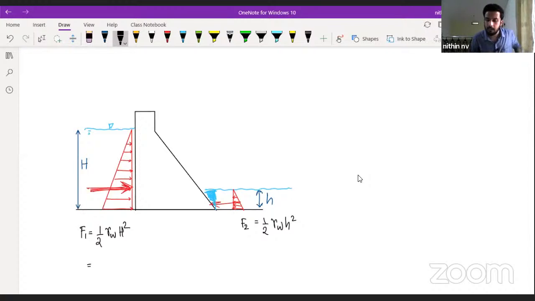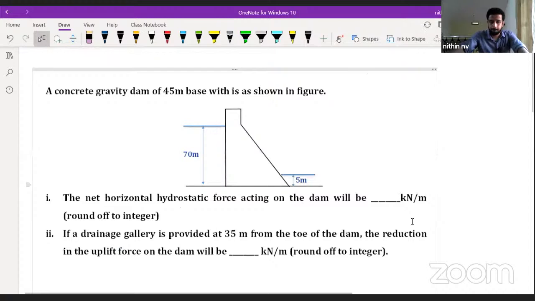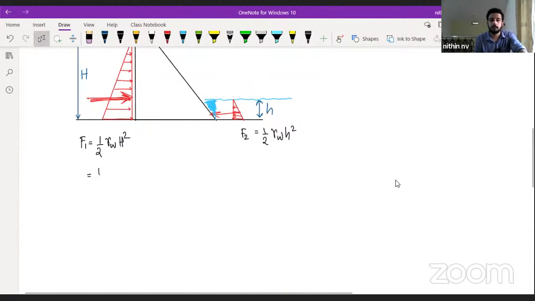Please calculate and tell me how much it will be. Whether they have given the value of gamma_w? No. If they are not giving the gamma_w value, sometimes they will give 10 kilonewton per meter cube. Here we want to calculate in kilonewton terms. So take the value of gamma in kilonewton per meter cube, which is 9.81.